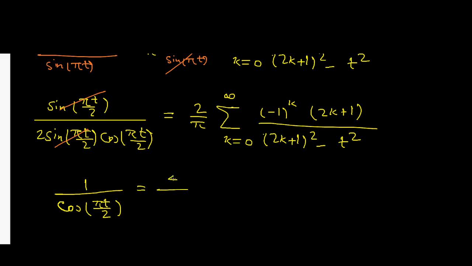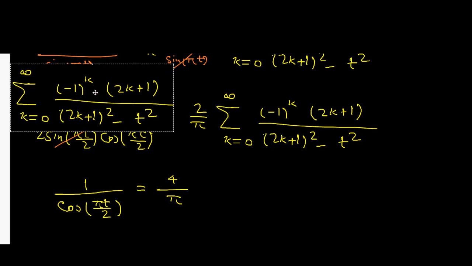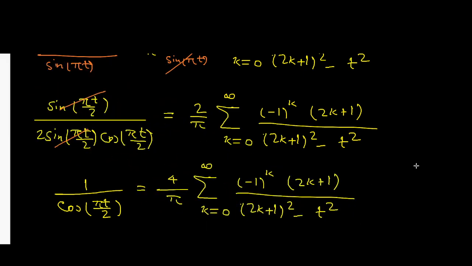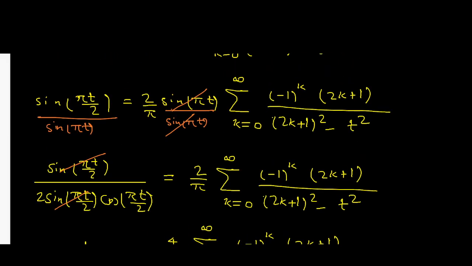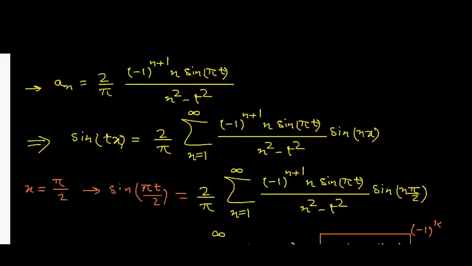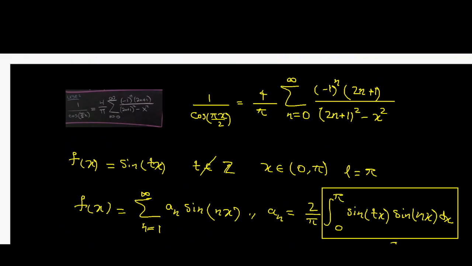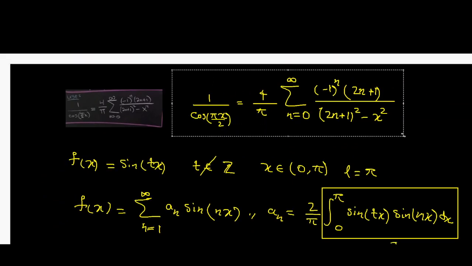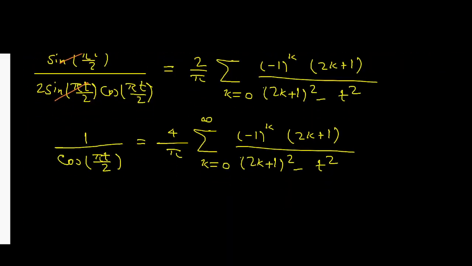On the right we get 4 over pi times that infinite series. And the only thing you need to make this result look exactly like this thing here is to change k to n and change t to x, and that's what we get at the end of the day.